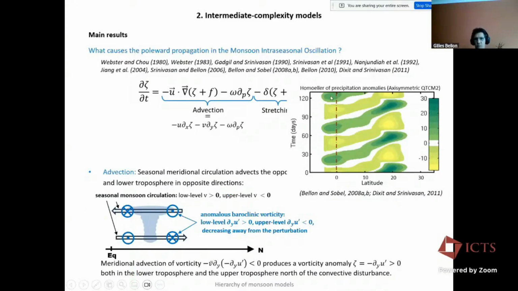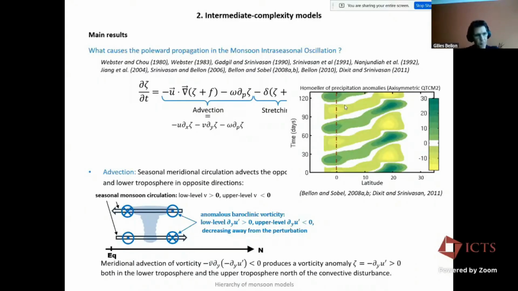So this is a result from the axisymmetric QTCM2. It's just the Hovmöller of precipitation anomalies as a function of latitude with the equator right here. And you can see very regular propagation. So another question that was interesting to tackle with that is what is the role of coupling with the ocean?